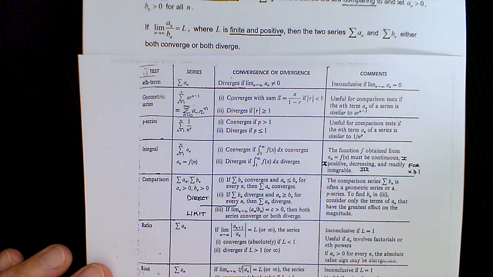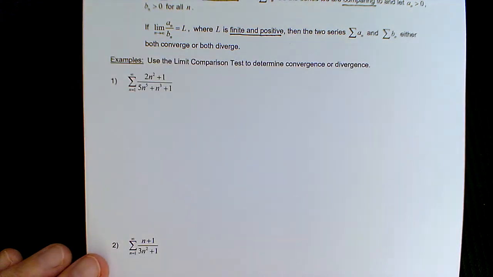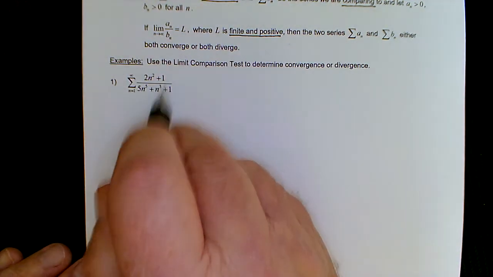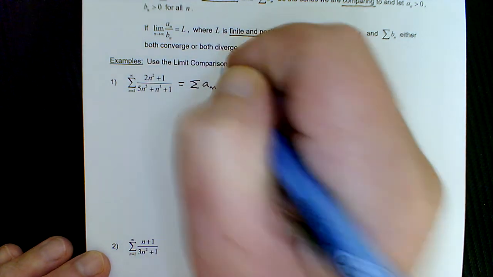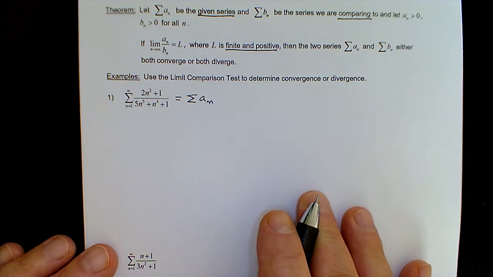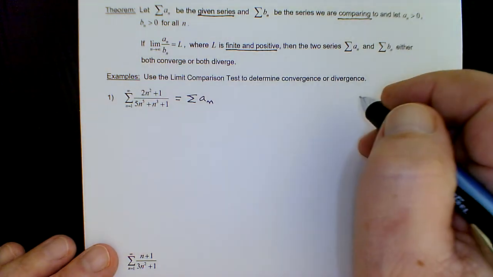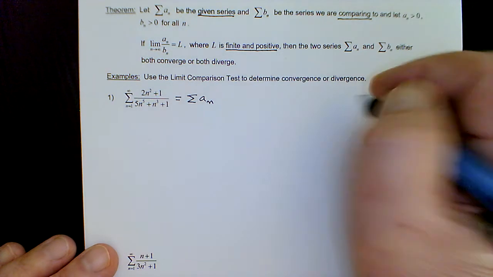And what that is, when we're dealing with a ratio of two polynomials, such as what we have here, we're going to call this the sum of the a sub n, and we're going to have to pick a series that we're going to call the sum of the b sub n. And what you do is you just focus on the leading terms of the polynomial.